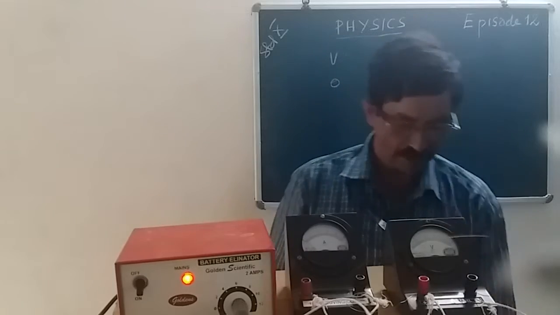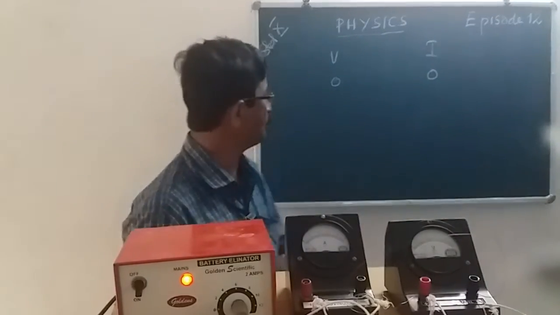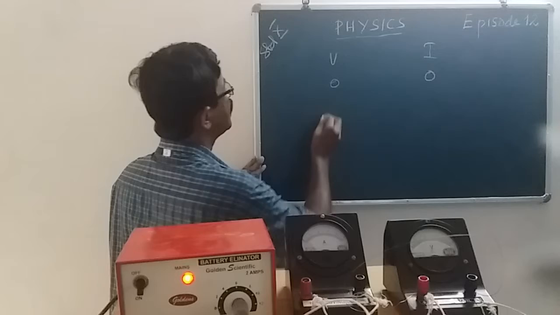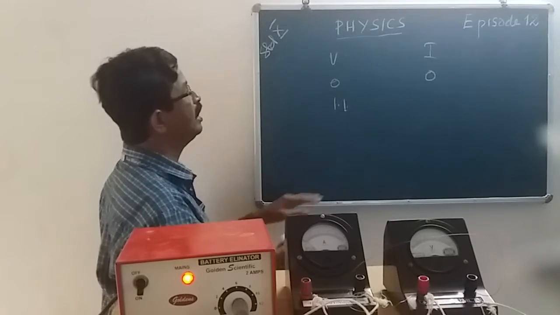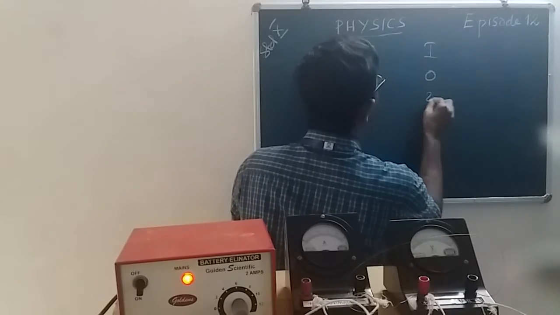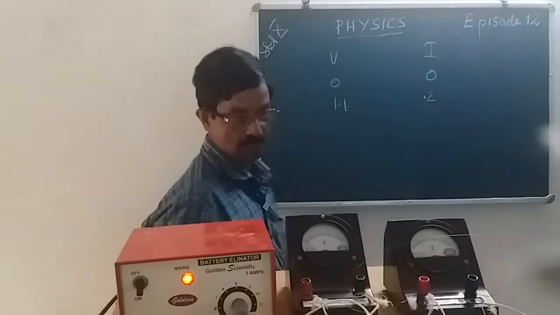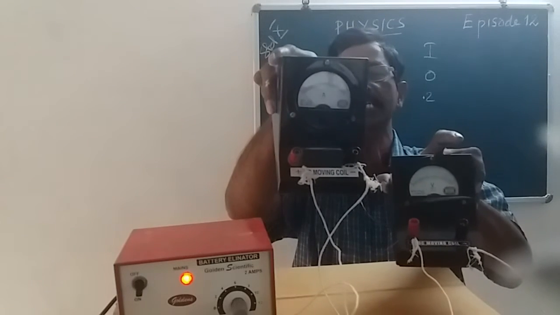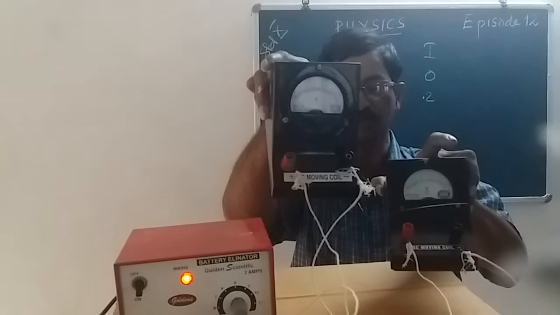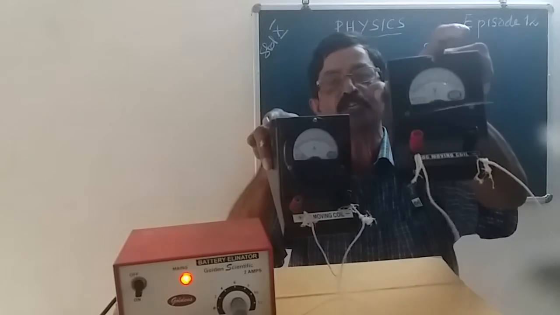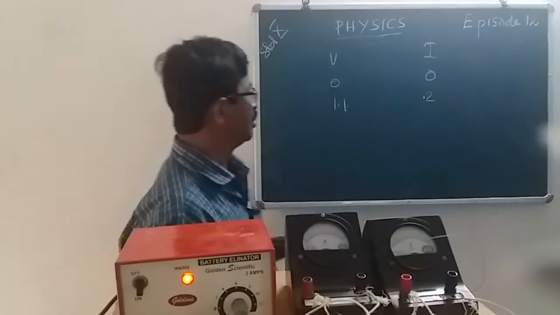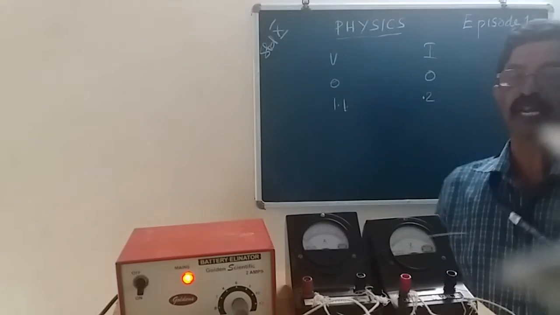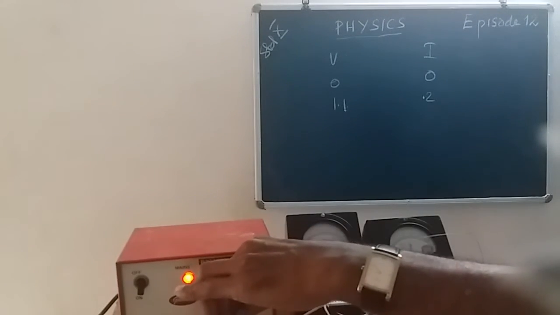When we applied a potential of 2 volt, the voltmeter reading is 1.1, and the current through it is 0.2 ampere. The potential difference you can observe as 1.1.